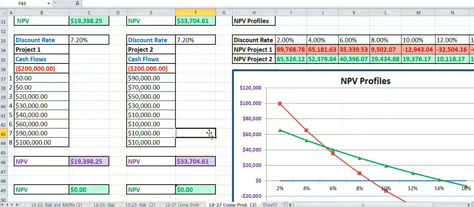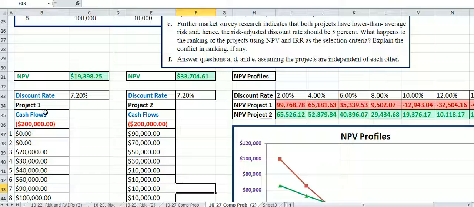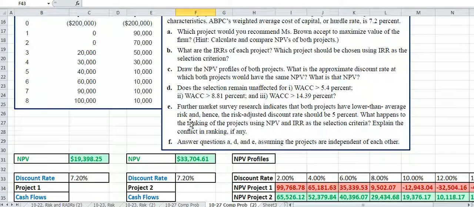Okay, now that completes our analysis of the net present values at a discount rate of 7.2%, and you can see obviously that project 2 has a much higher net present value.